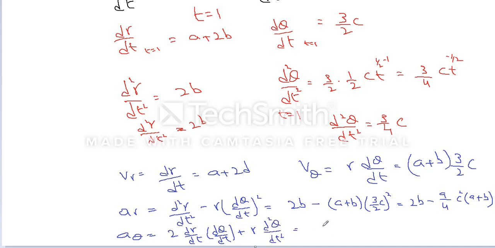So this can be written as dr by dt is 2 into (a plus 2b) and d theta by dt is 3 by 2 c, plus the value of r when t is equal to 1 is a plus b, and d square theta over dt square is 3 by 4 c. Now after simplification we can write this as 3 by 4 c into (5a plus 5b). So these are the radial and transverse components of acceleration.